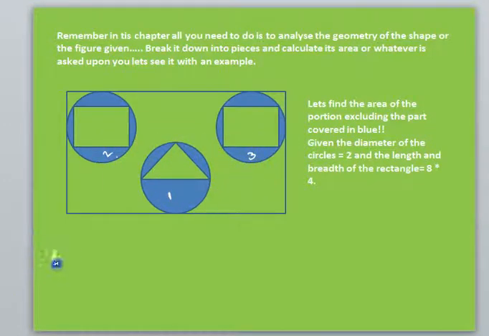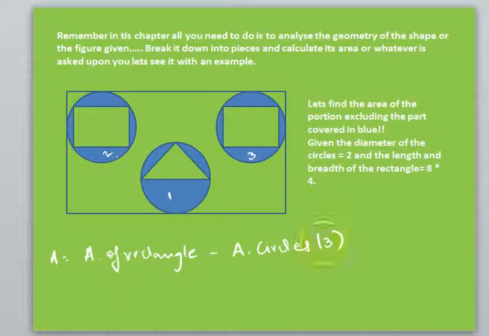So my area A would become the area of the big rectangle minus the area of 3 circles, plus the area of the two smaller squares plus the triangle.